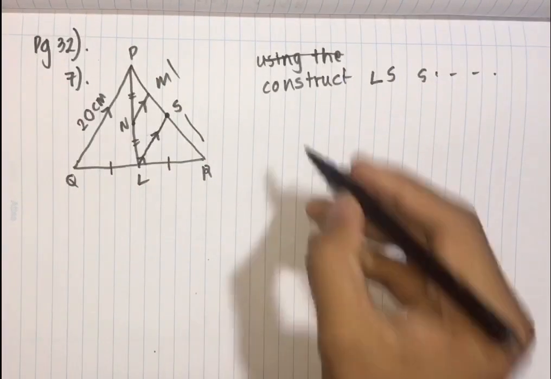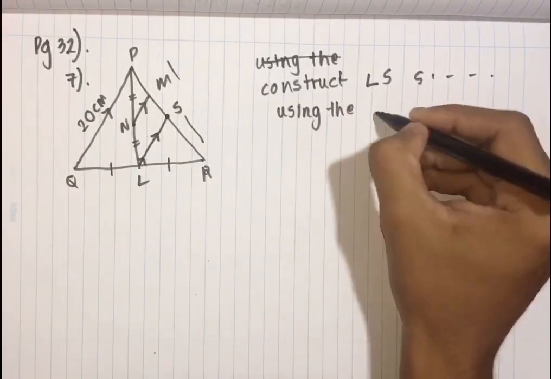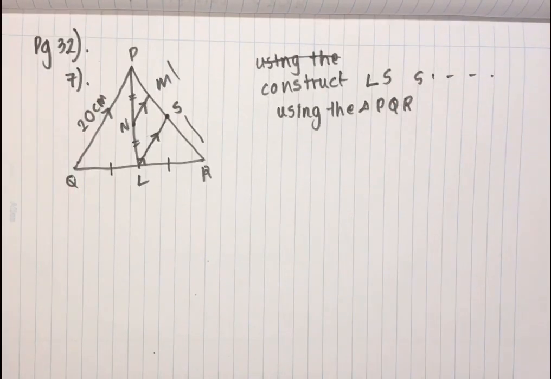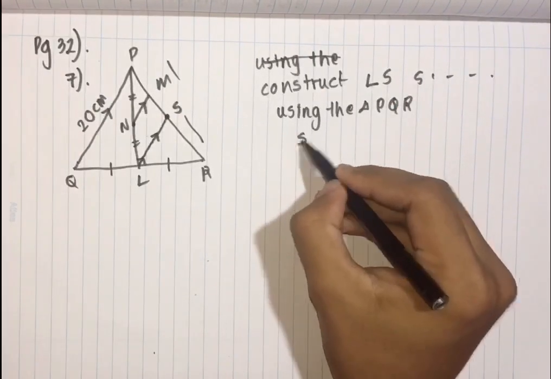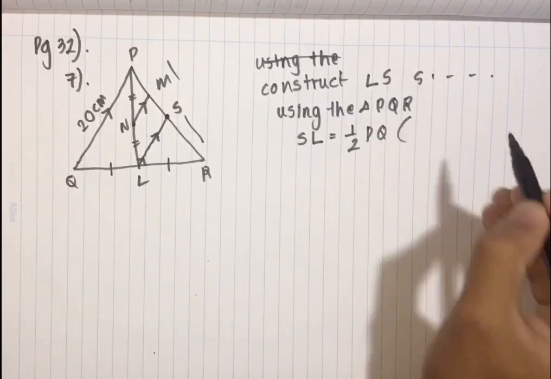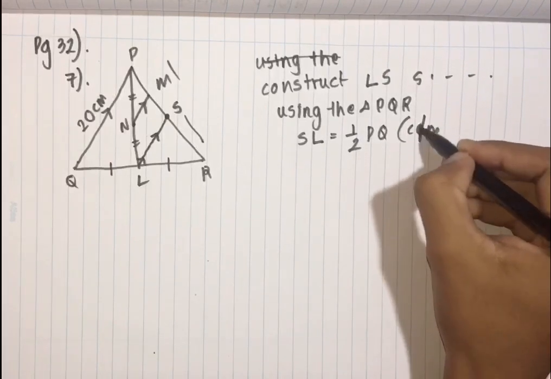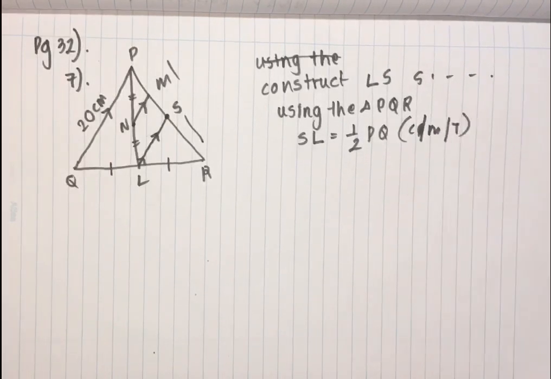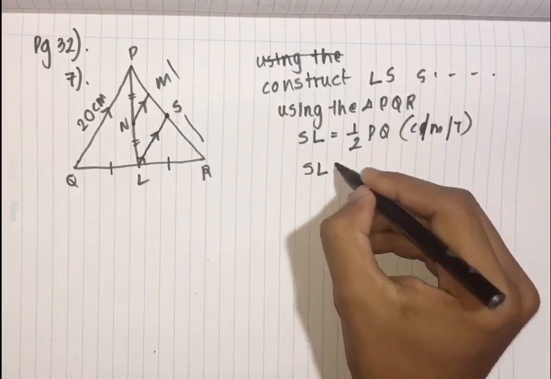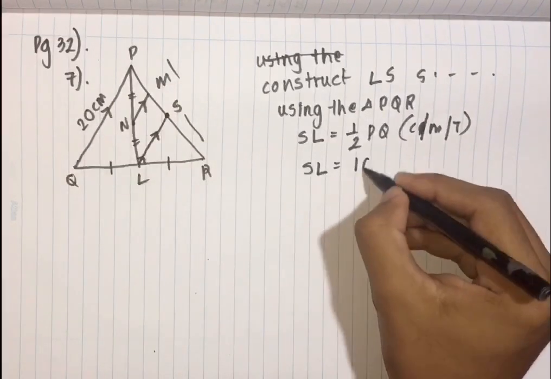Then using the larger triangle PQR, you can say that SL is equal to half the length of PQ. What is the reason? Using our converse of midpoint theorem. Therefore what is the length of SL? SL is equal to half of this length, that is equal to 10 centimeters.